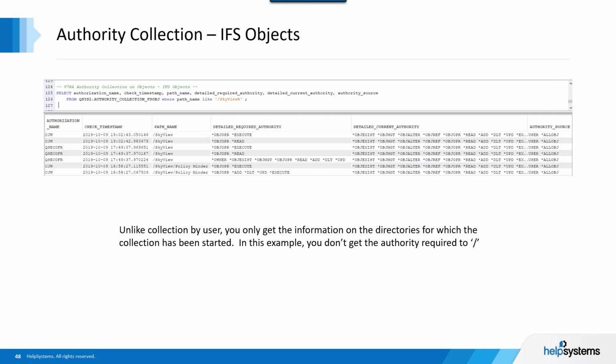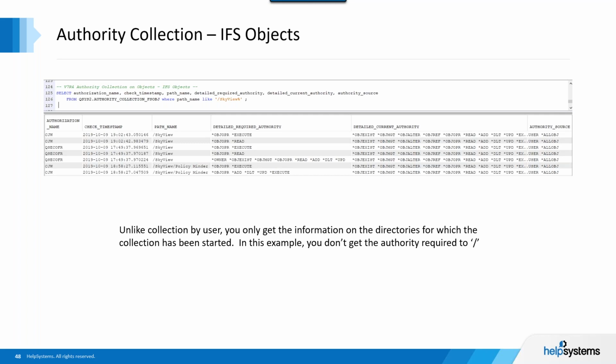So again, you would start the authority collection on that particular directory. In that case, it's easy to start the collection, because remember, one is by object, and it's asking for a path name. So I would turn the collection on, in this case, for everything in the SkyView directory.